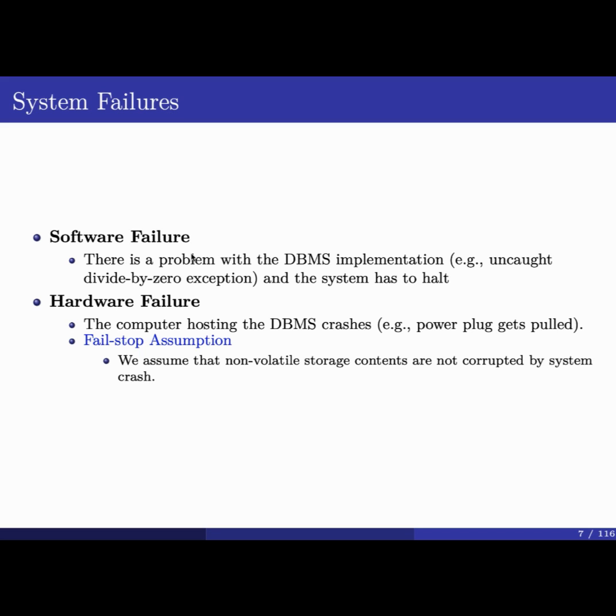What if one transaction was running at the time of the software failure, a bug in the database system implementation, and for example the transaction hits a divide by zero, so the system halts? Remember, a transaction is a set of operations. If you don't complete this transaction, it's like you partially modified or updated your database. So you need to handle the situation. That means if I didn't complete this transaction, you need to find a mechanism to roll back whatever this transaction did.